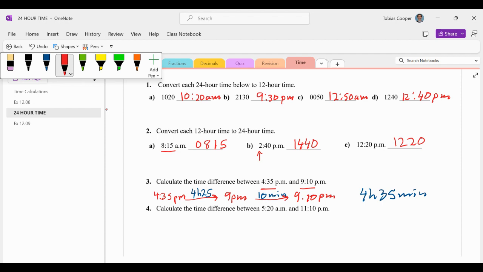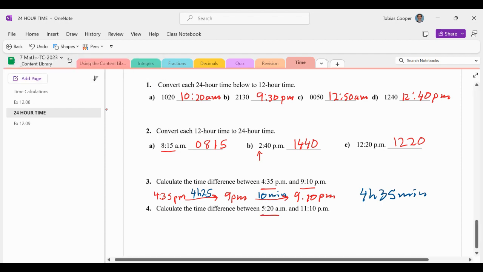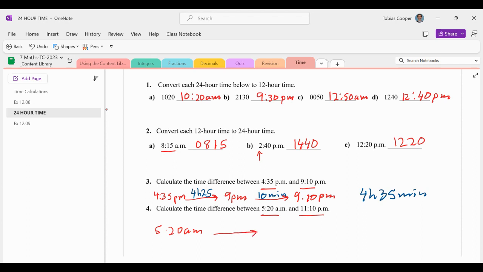Okay, now the time difference between 5:20 a.m. and 11:10 p.m. So let's start with 5:20 a.m. Let's jump to midday first.